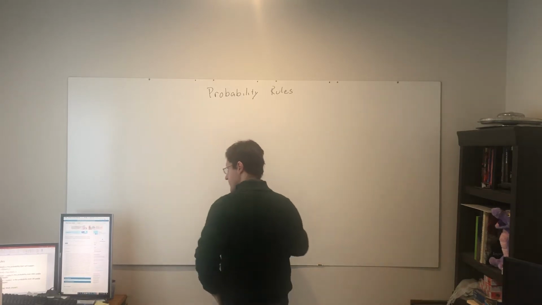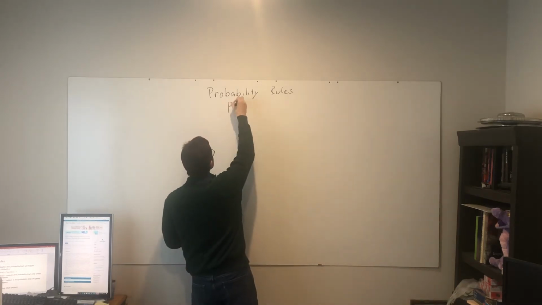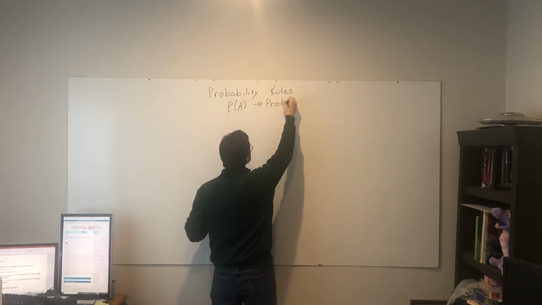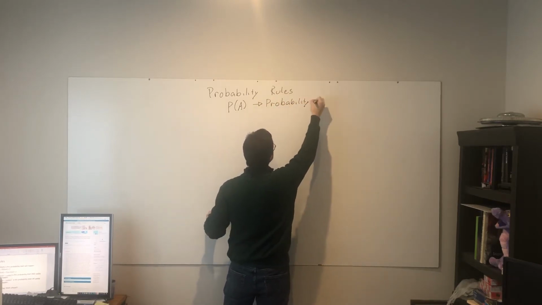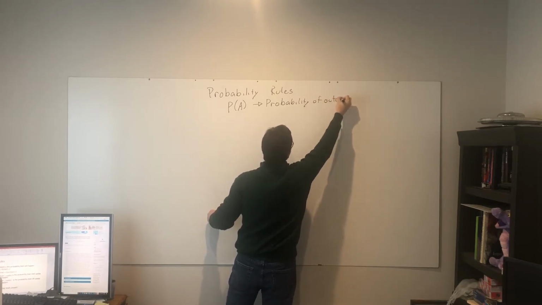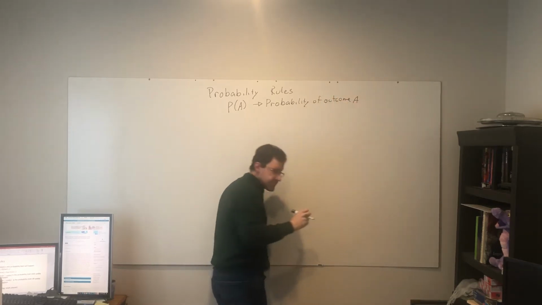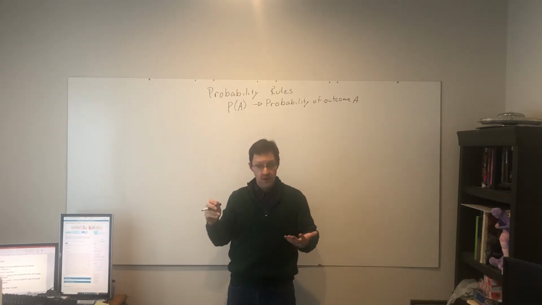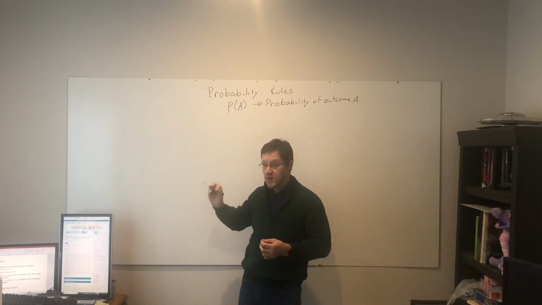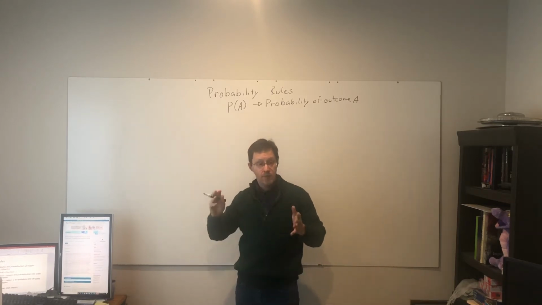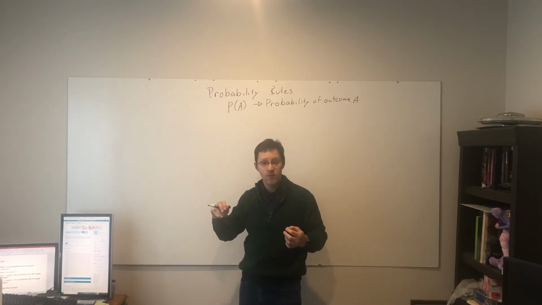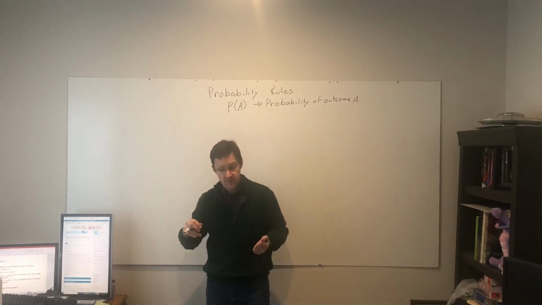So first, just some shorthand. I will be using here, and it is very common to use, P of A, P with A in parentheses, as the probability of outcome A, just to make our notation easier, make life easier for us as we look through and read through these things.